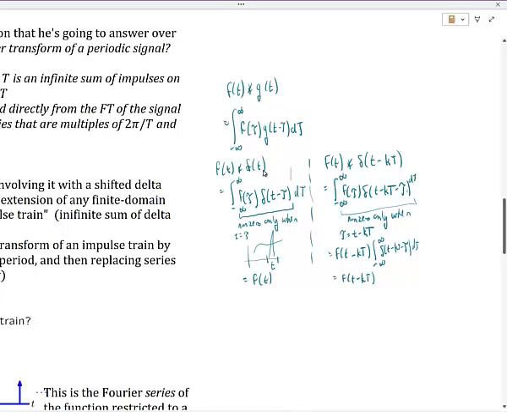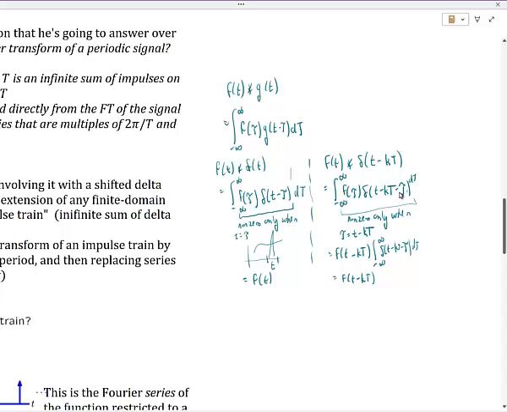Now suppose we take delta of t minus kT, so that's a shifted delta. Now this delta is non-zero when t equals kT, so this delta is shifted over to the right by kT. Now if you do the same convolution, when tau is t minus kT, then the integrand is non-zero.